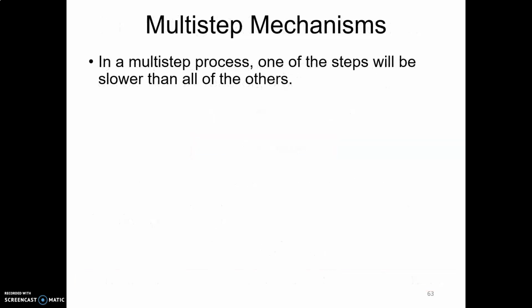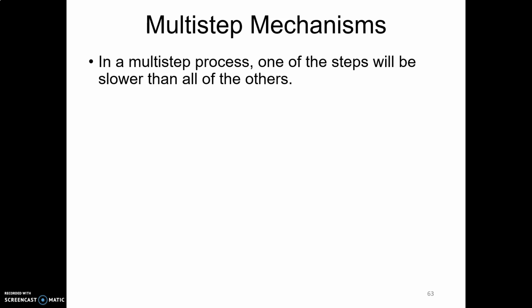All right, so now how do we predict the rate laws of these multi-step processes? Well, just think about it. Whenever you do group work, you all have a contribution to participate in this group work assignment, but you're not all contributing at the same pace, right?